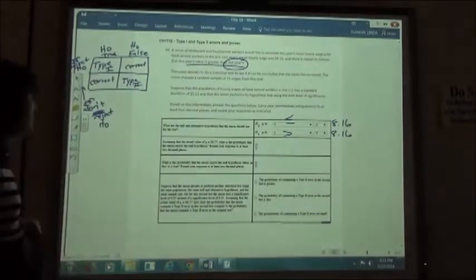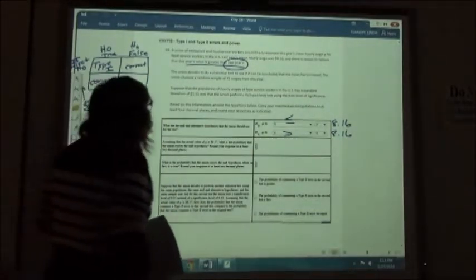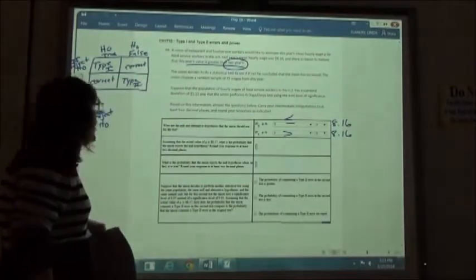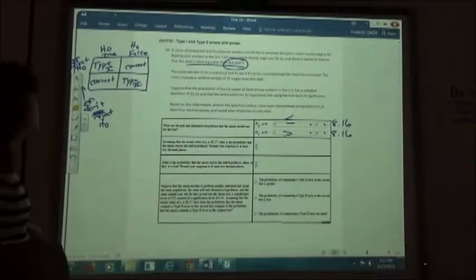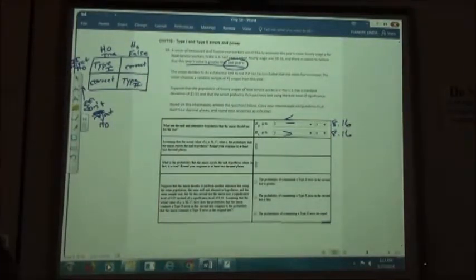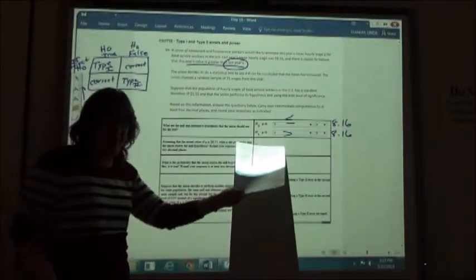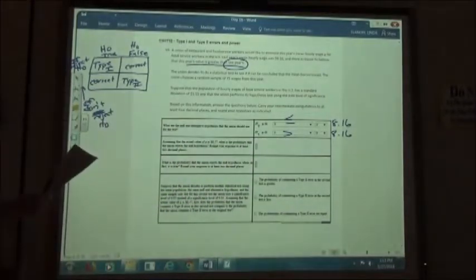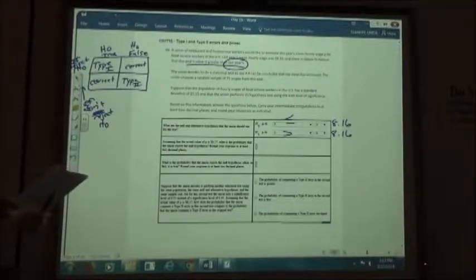So, assuming that the actual value of the mean is $8.57, what is the probability that the union rejects the null hypothesis? Round your response to at least 2 decimal places. Now we're actually going to combine what we did last week with what we did this week into one really big long thing to come up with this one number that's going to go here. So, last week we had a formula that looked something sort of like this.